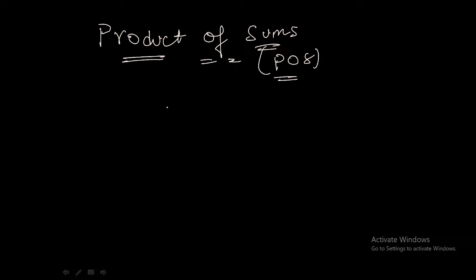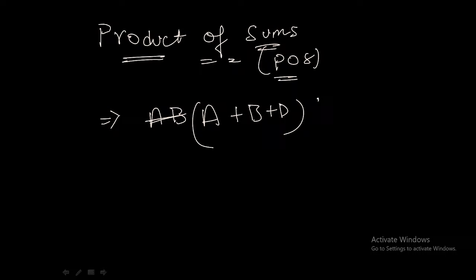We have already seen what is meant by a POS term. For example, a product of sums is something like A plus B plus D into B plus C plus E. Here the sum terms are getting multiplied.